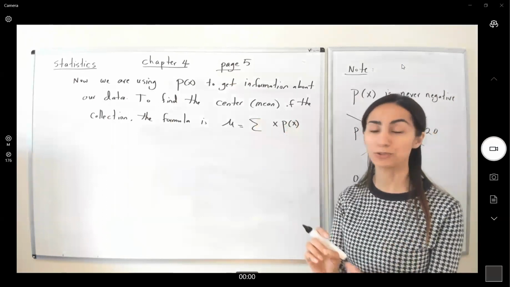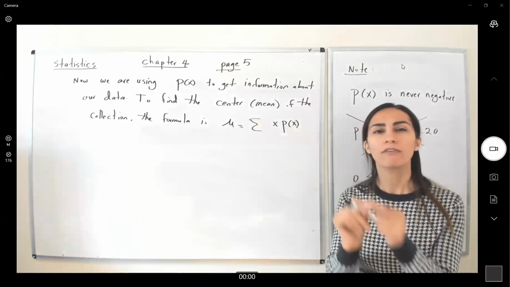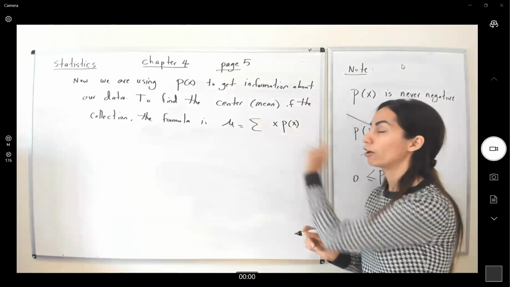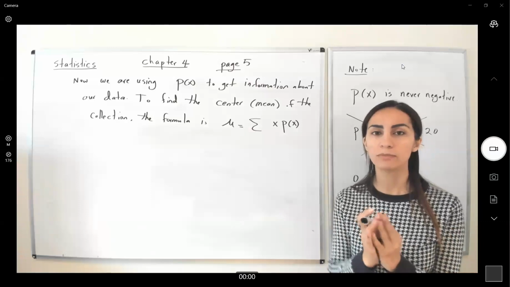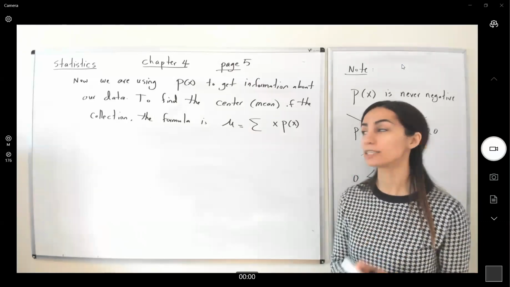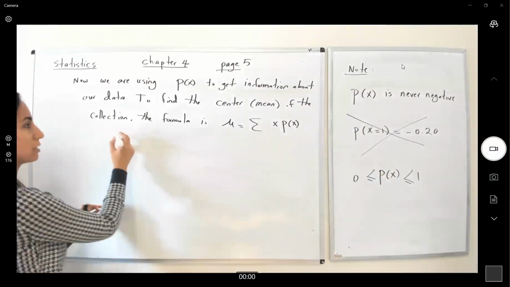So what you do, you find all of the x values, find all of their probabilities, multiply them, and add each of them together to find the mean. So you have to write it this way.